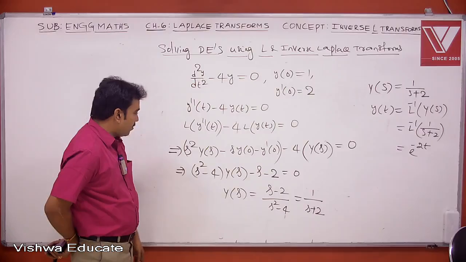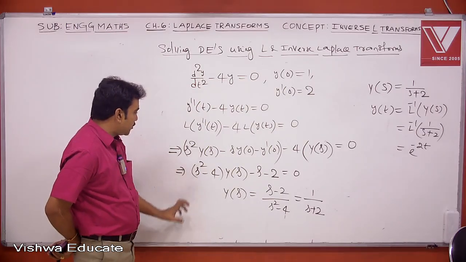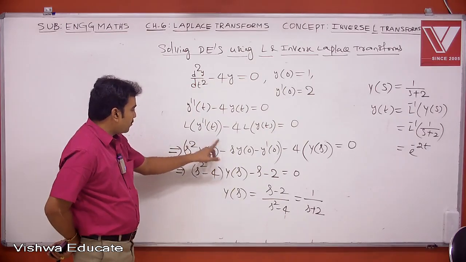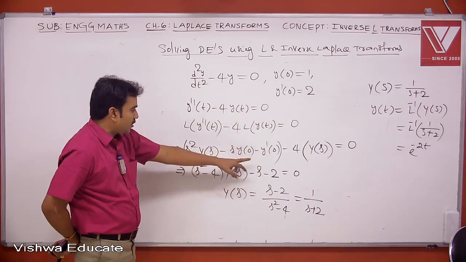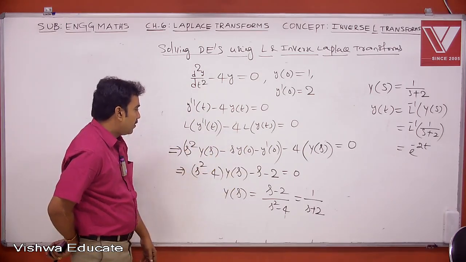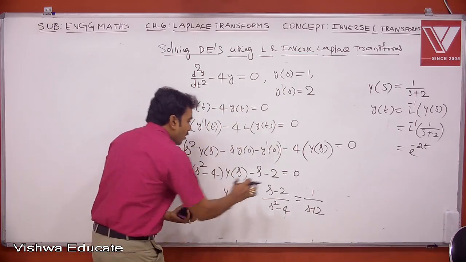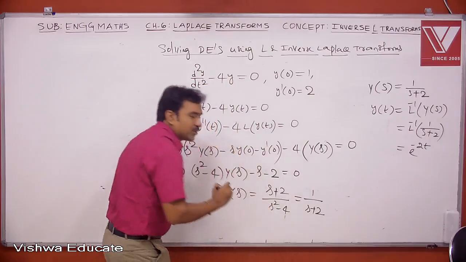So there is some calculation issue. S square into y of s minus s into y of 0 minus y dash of 0. Yes, here it is: when you take this to the right-hand side, it becomes plus 2.